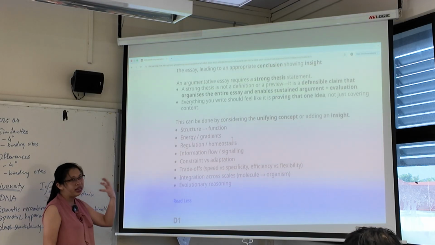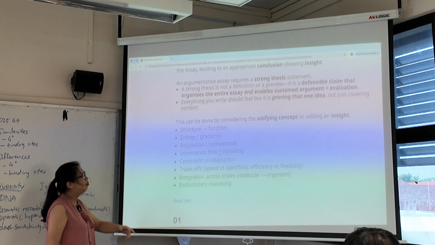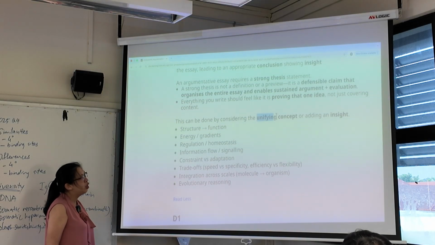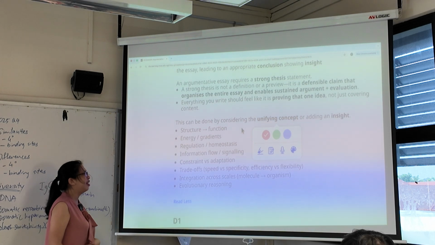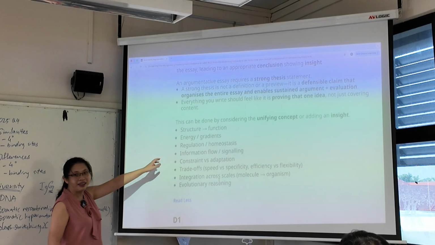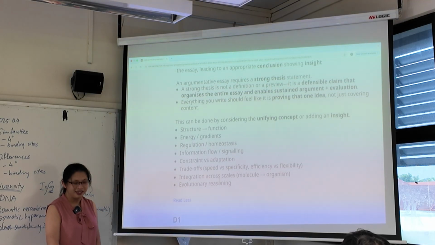So you need to bring in some insight into what you're writing. Okay, so you can choose a unified concept, or you can choose anything that you feel is insightful. These are just some guiding points. You can write on your points.